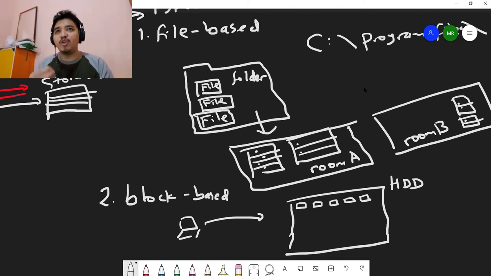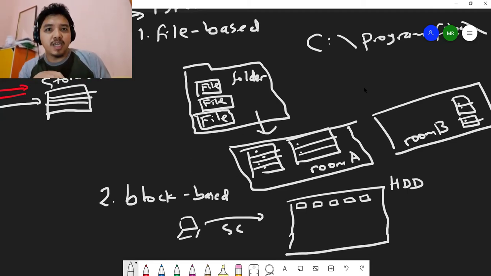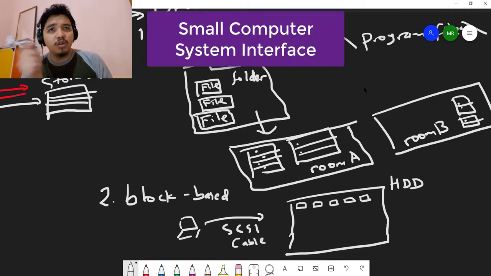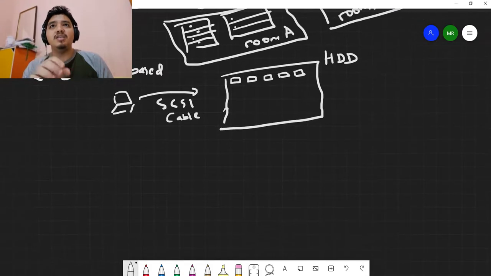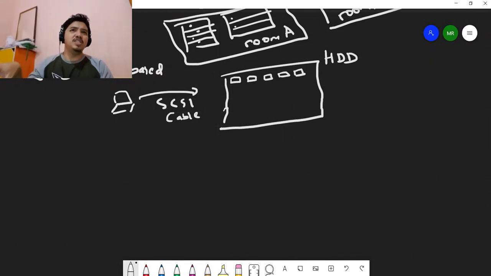In networking, we have Fast Ethernet, copper, and fiber optic media. In our computer, we have the SCSI cable, or iSCSI. You can look up the acronym for what it stands for. But this SCSI cable is the first generation, in my opinion.